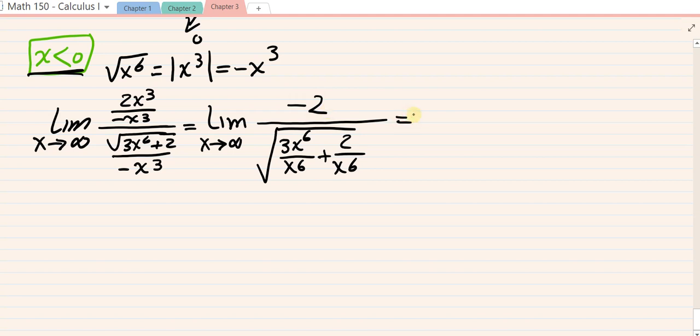Now we can use the theorem. The limit of 1 over x to the r is 0 as x goes to infinity, and this other limit is going to be 3 next to that. So we have negative 2 divided by square root of 3, rationalized. It becomes negative 2 root 3 over 3.